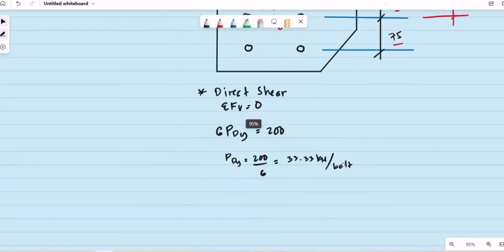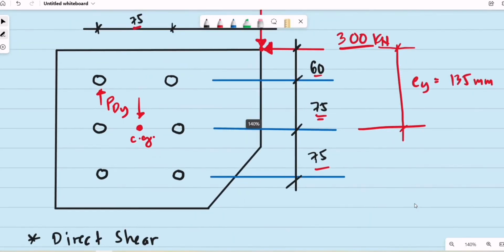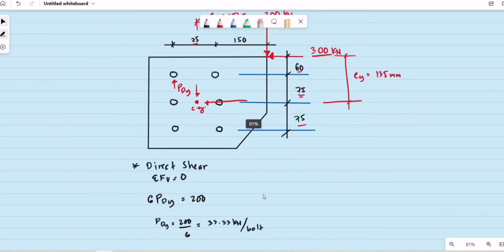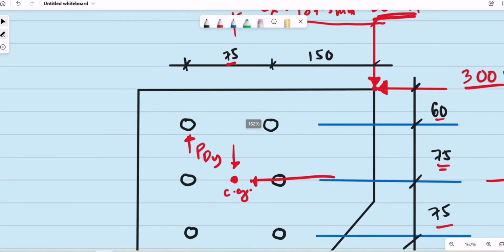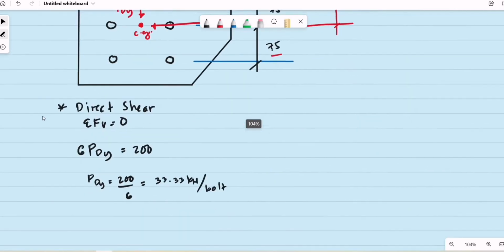Then what about the direct shear for the horizontal loading? We have a horizontal load of 300 kilonewtons. Again, since we are using elastic analysis, we assume that the horizontal load of 300 kilonewtons is also acting on this center of gravity. Therefore, we assume that the reaction per bolt will be equal. So let's say this is the direct shear per bolt with respect to the x-axis, or with respect to this horizontal load of 300 kilonewtons.